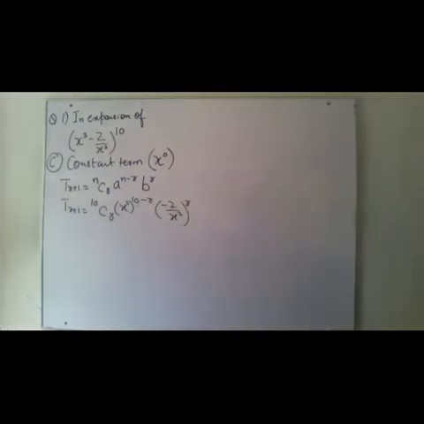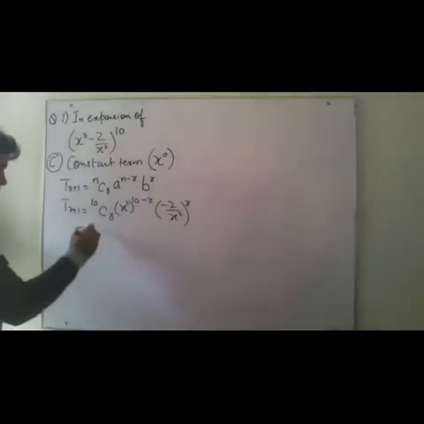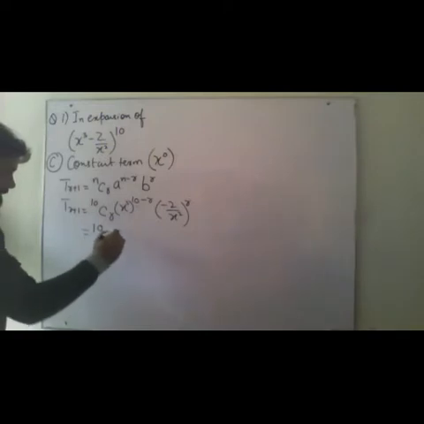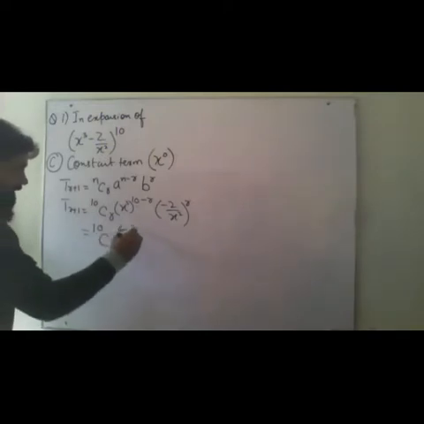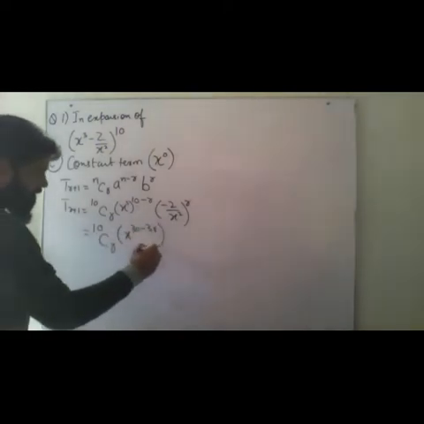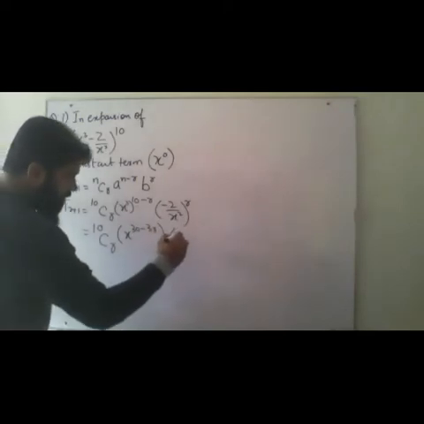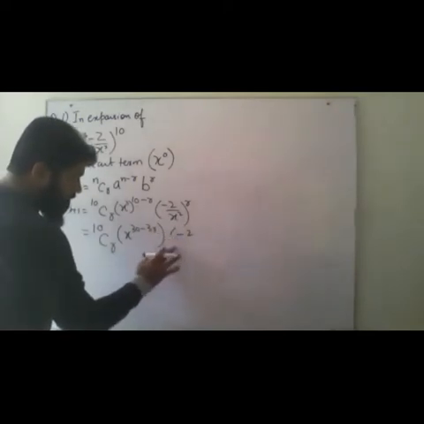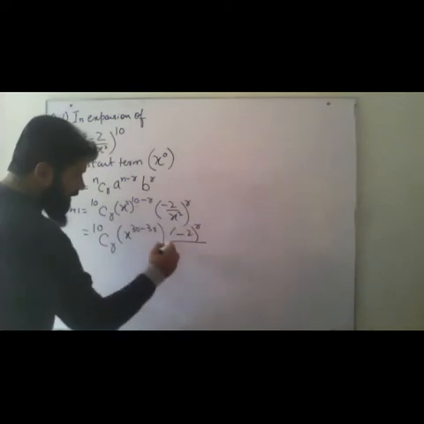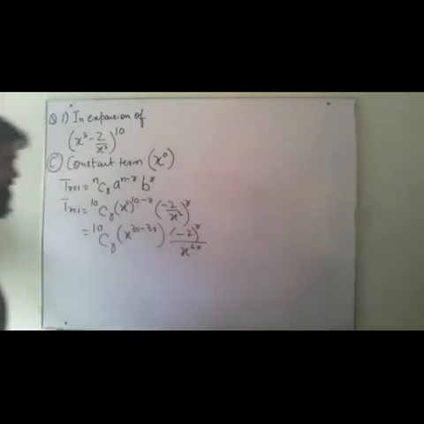Okay, this is the thing. Now simplifying it, this will be 10Cr x^(30 minus 3r) over (minus 2) whole power r over x^(2r).